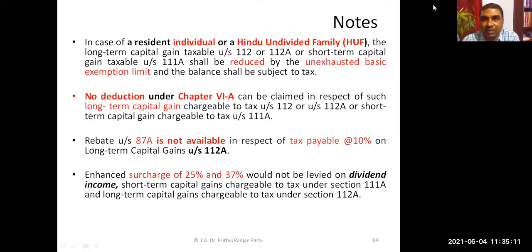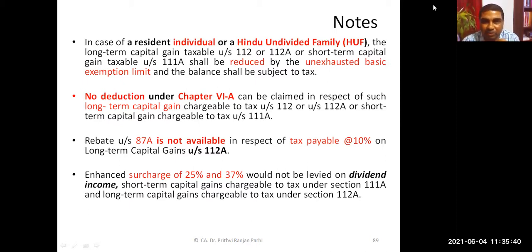And here, friends, you have to keep certain things in your mind: for individuals and HUFs, if their basic exemption limit, up to 2,50,000, is not exhausted, then long-term capital gain shall be reduced to that extent. That is, only after that, whatever is the long-term capital gain, that will be taxable.